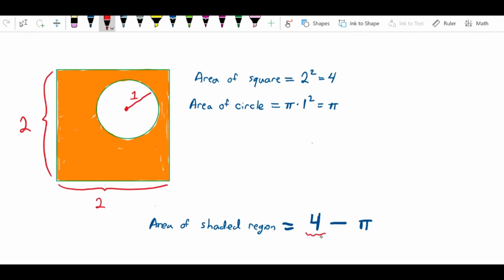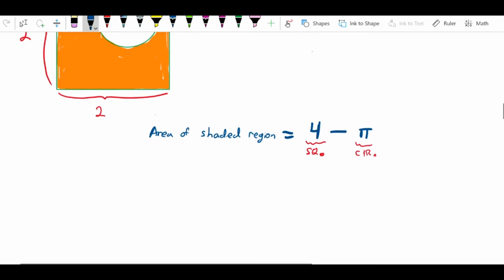We'll abbreviate the area of the square SQ and the area of the circle CIR. Okay, so we can do something fairly similar to find area between two curves in the xy plane.